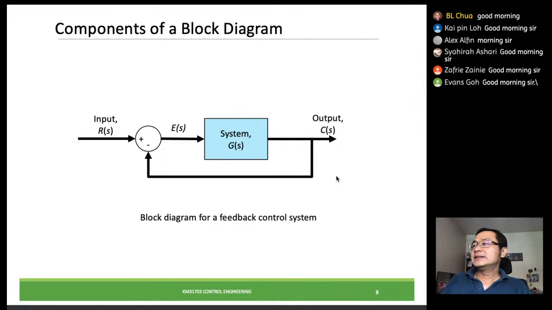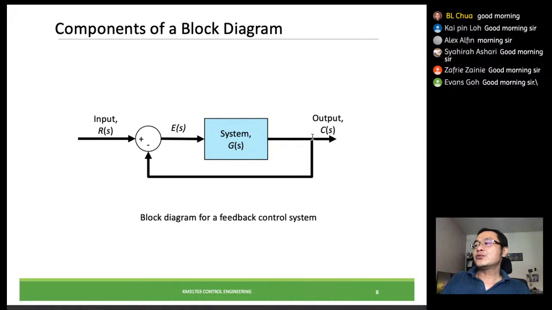Now to simplify, this is the main component of a block diagram for a feedback control system. We would have an input. After we compare it, we have an error signal. This error signal will go into our system, and then we output it.